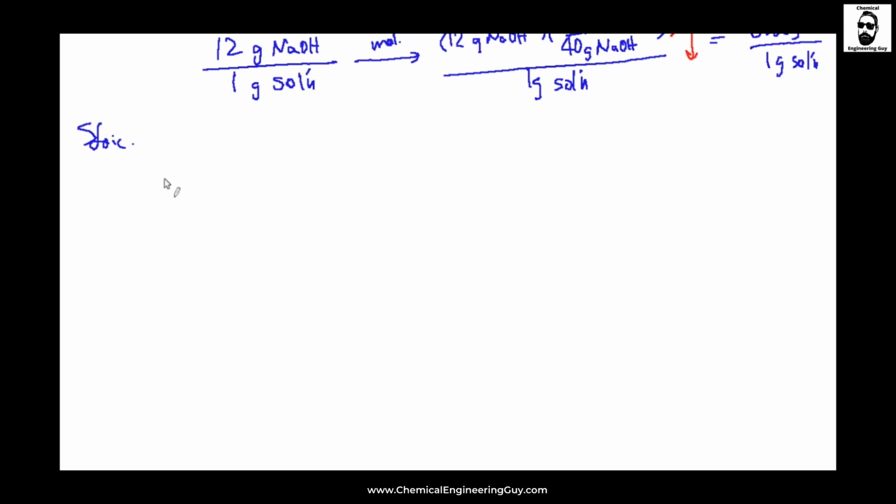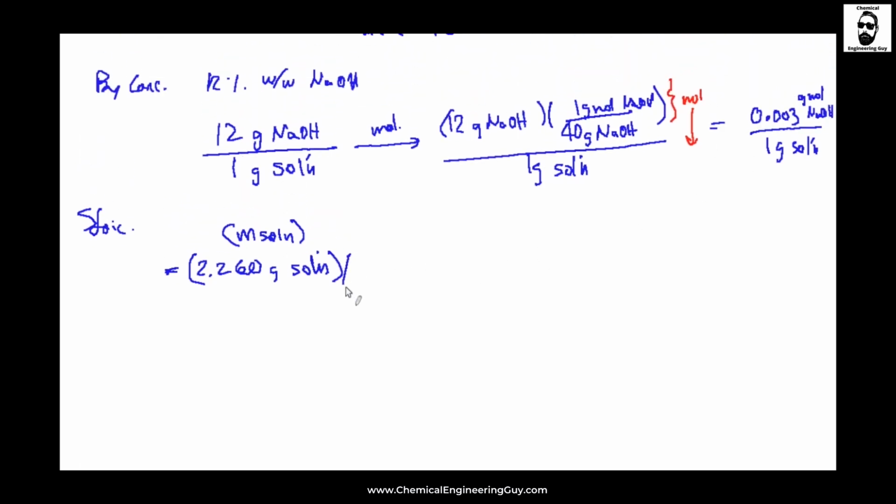So let me change this thing here. 2,260 grams of solution is what we have, so the mass of solution times the moles of NaOH per gram of solution we just got gives the total amount of moles, which is what I want.